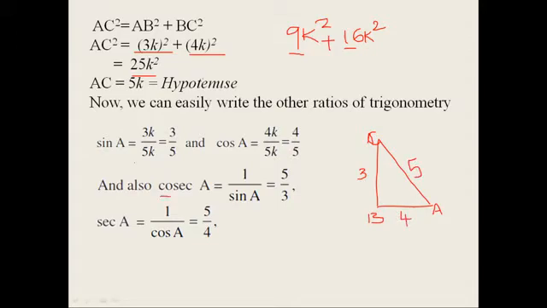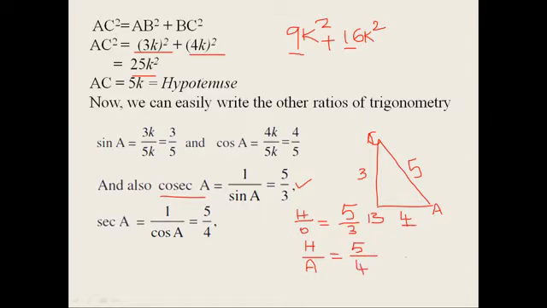So cosec A is equal to hypotenuse by opposite side. The hypotenuse here is 5 and the opposite side is 3. So 5 by 3, this is the answer. Now sec A means hypotenuse by adjacent side. The hypotenuse is 5 and the adjacent side is 4. So 5 by 4.